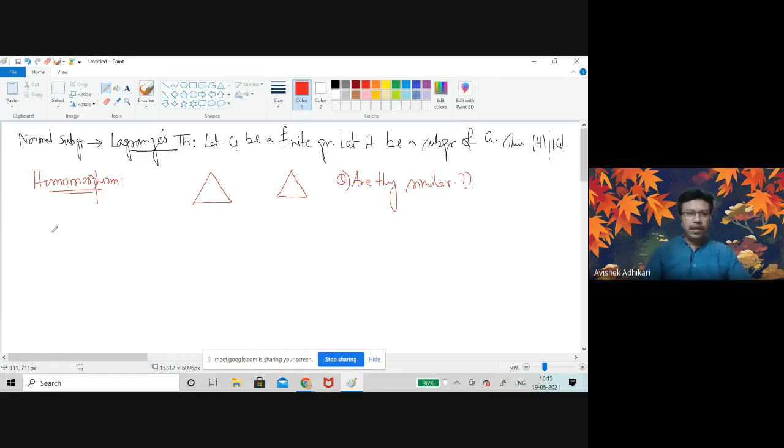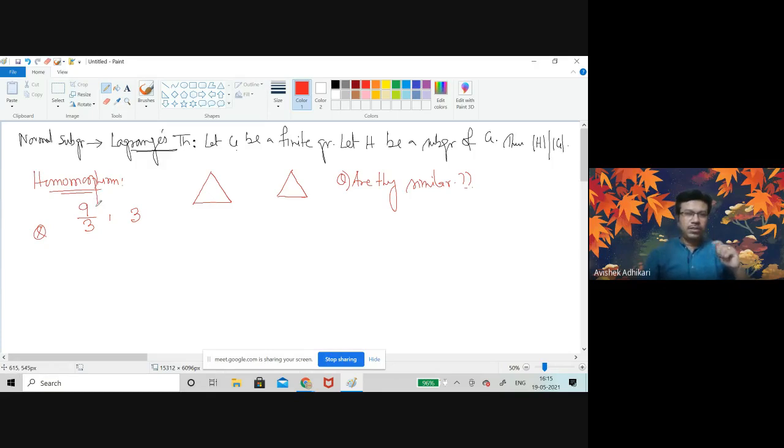Similarly, consider Q, the rational numbers, and consider 9 by 3 and 3. If I ask whether they are similar, your answer will differ depending on the point of view you are focusing on.